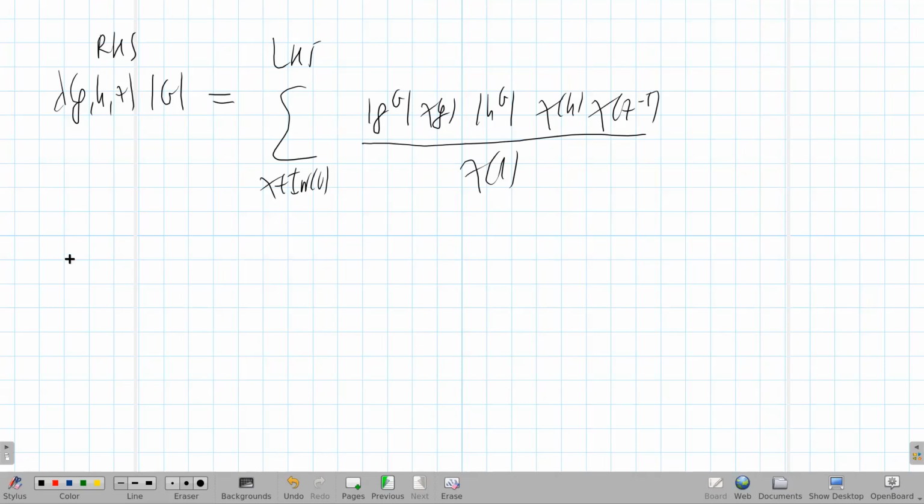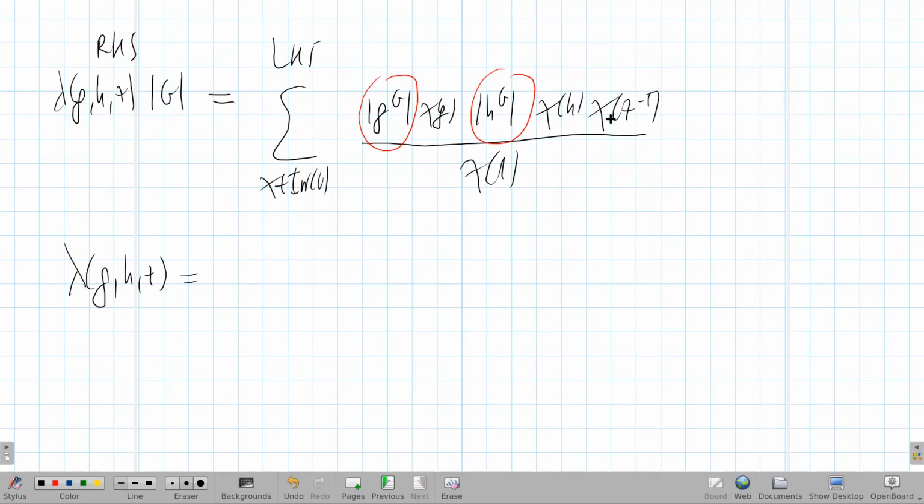So what we do, we take this to the other side, so we divide by the order of G. And yes, let's isolate this, okay? Let's do the calculation.